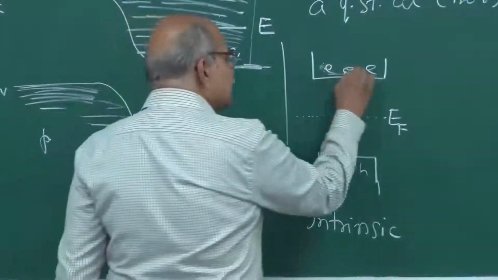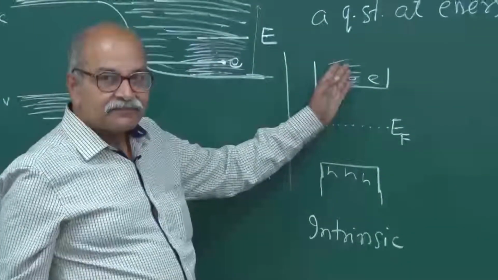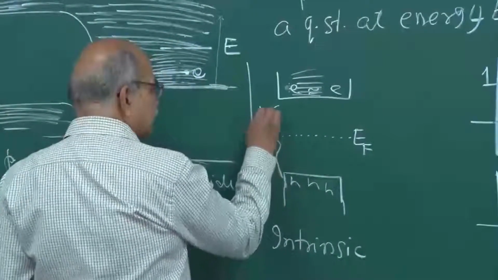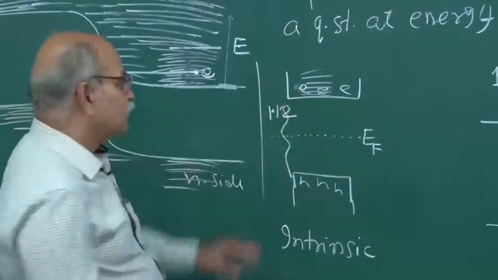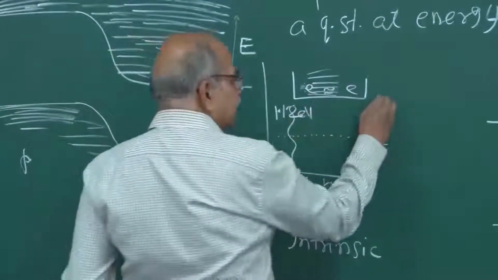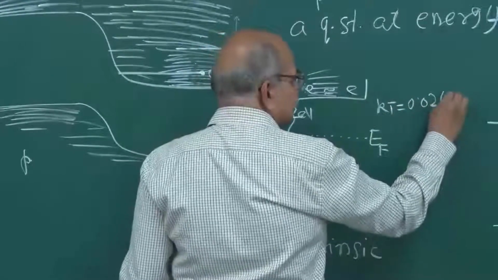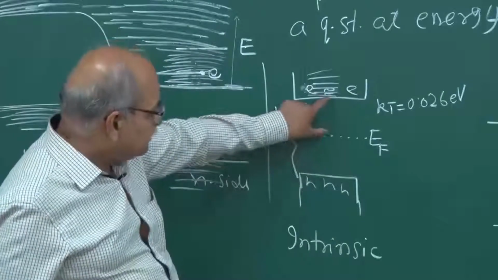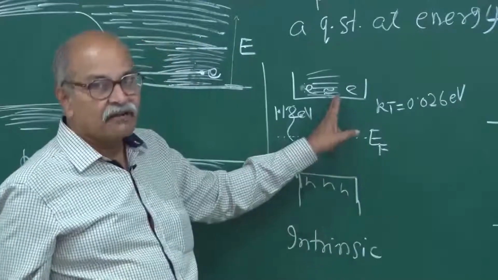So these quantum states are far away from here. For silicon, for example, the gap is 1.12 eV, so half the gap will be 0.56 eV, and kT at room temperature is 0.026 eV. So it's far away.